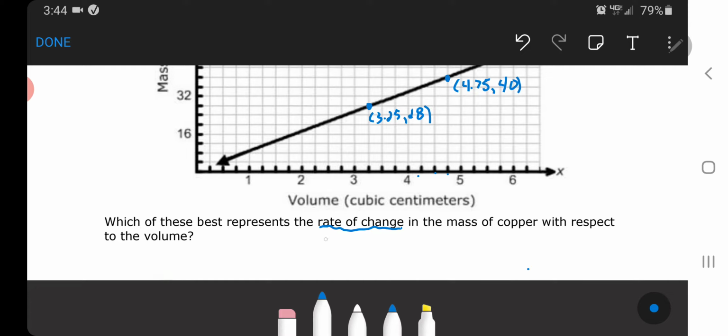So I'm going to go m equals, once again, m stands for my slope, or my rate of change. We're going to go y2 minus y1 over x2 minus x1. Sorry for my handwriting, a little sloppy. I'll retry that. Don't have much room to work with.